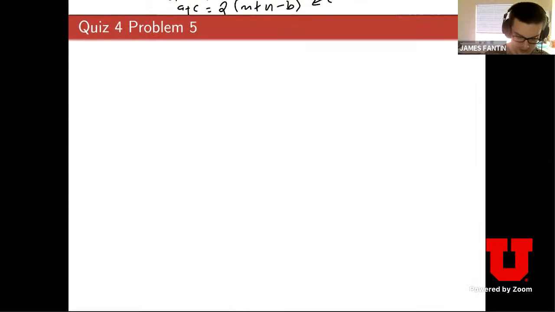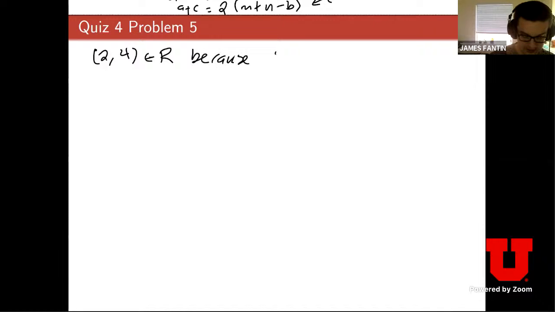So for one example, there are many such counterexamples for this. Let's say 2, 4 is in the relation, because why is it in the relation? Well, 2 plus 4 is equal to 6, and 6 is even. Well, 4 plus 2 equals 6, which is even.